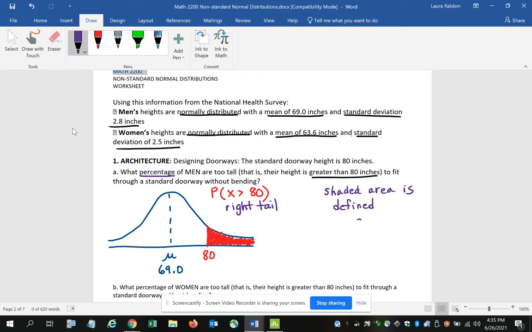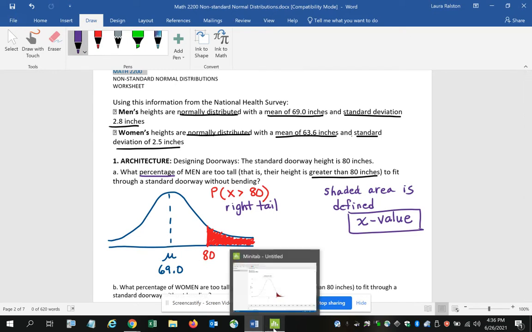So it is defined by the x value. Okay, so I need to take all of this information, and I'm going to go out to Minitab to put the question into the program to get the answer.